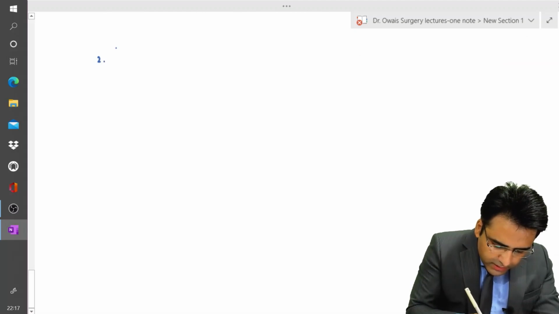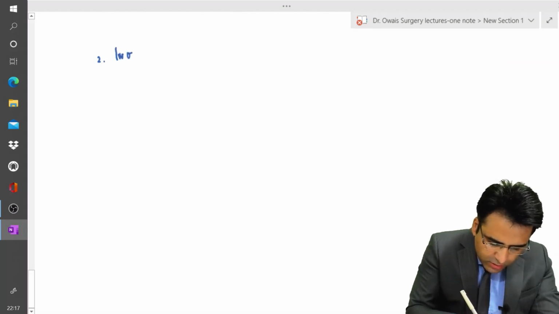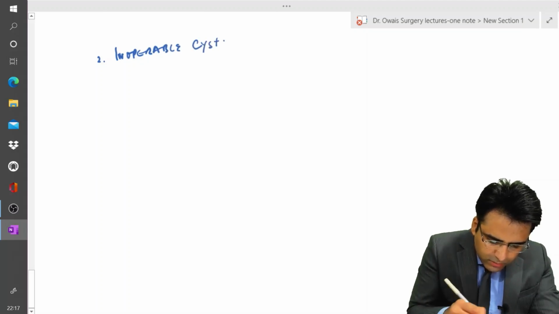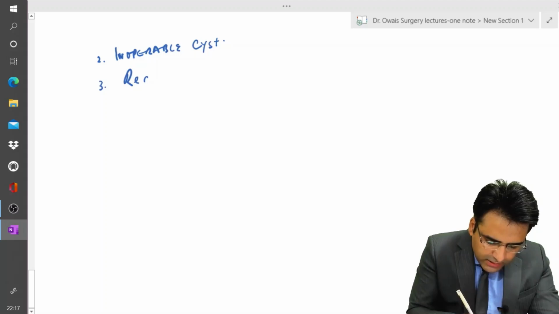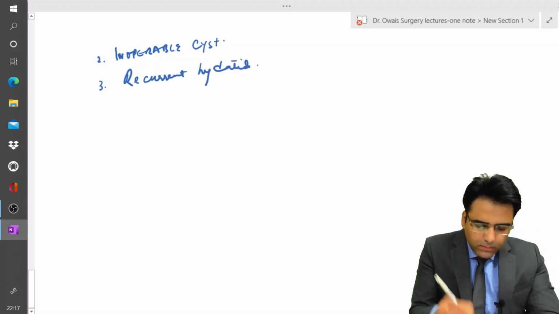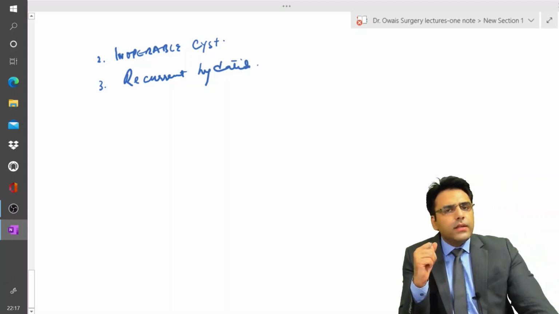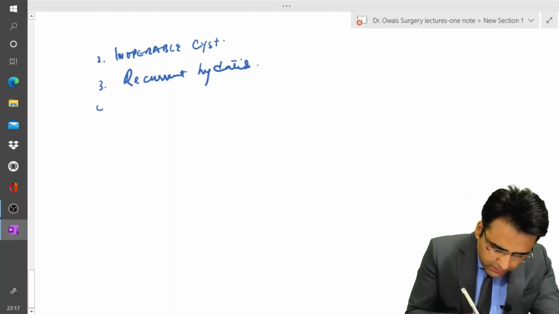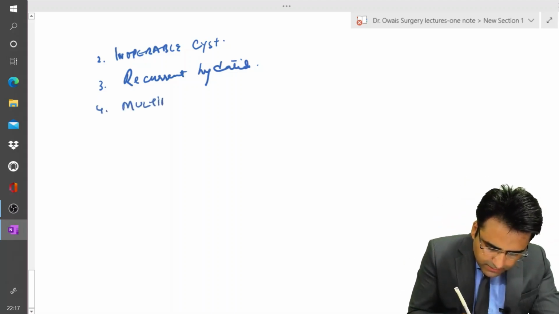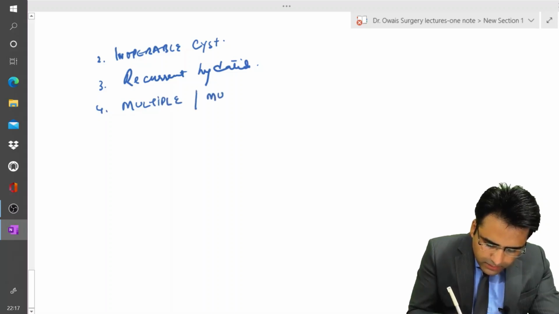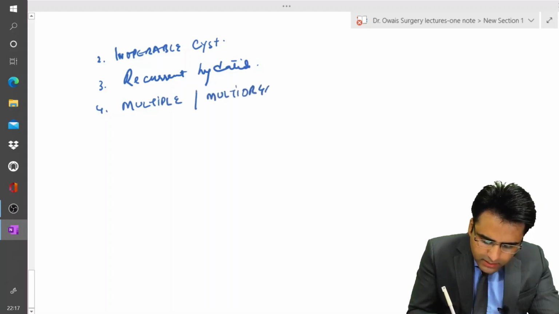Now another important indication is inoperable cyst. Inoperable cyst, we have to go for medical therapy. Then in cases of recurrent hydatid cyst, now if there are multiple cysts, or if there are cysts which are involving multiple organs, then in that case also we have to go for medical treatment. So if there are multiple cysts, or if multi-organ involvement is there.